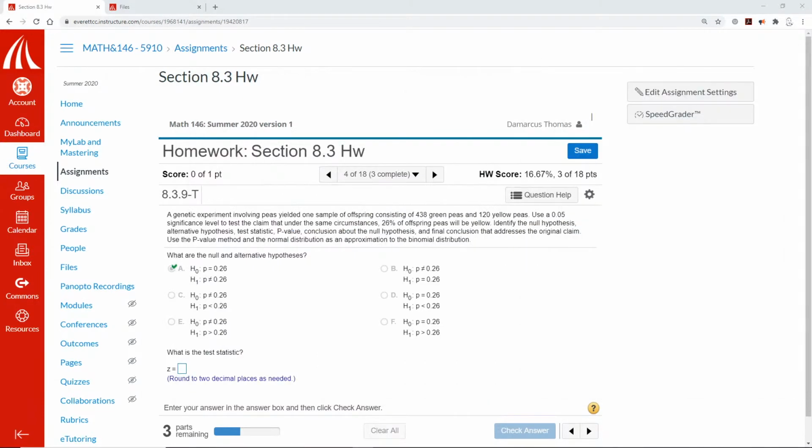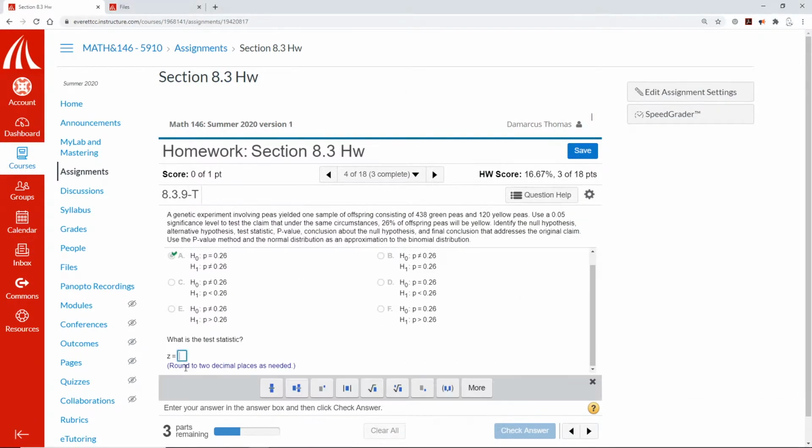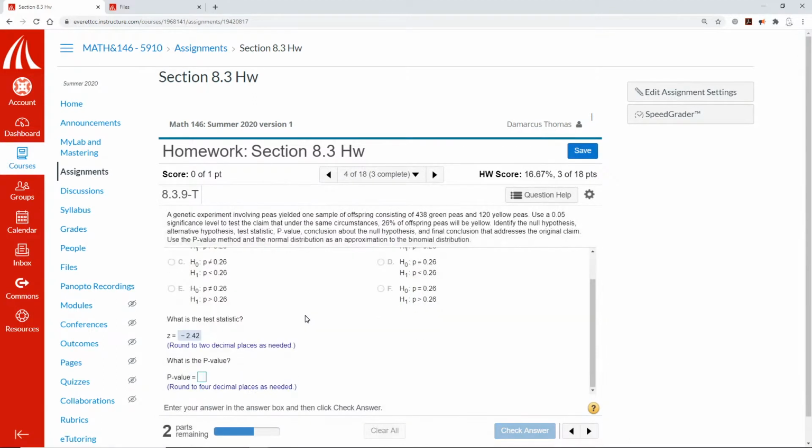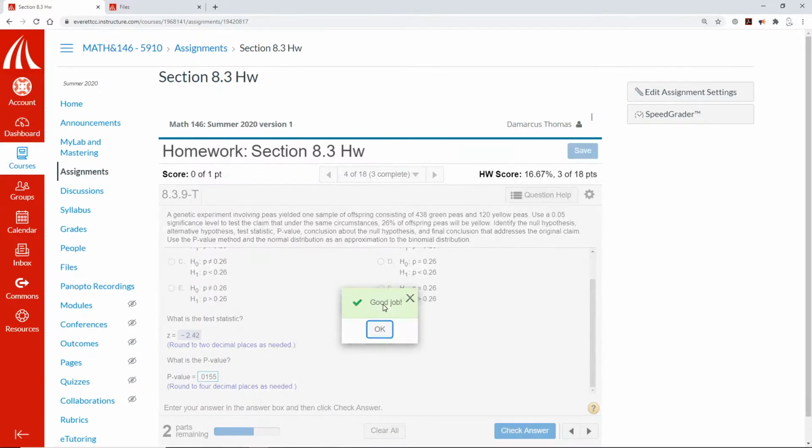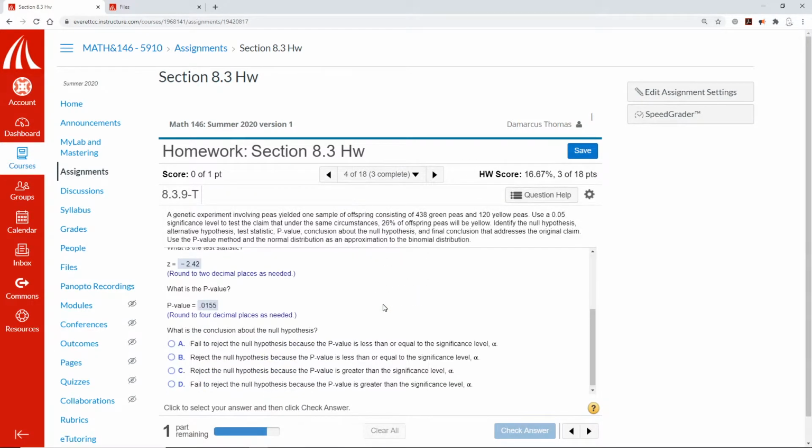So let's check it. My test statistic was negative 2.42. If that's right, then our p-value should definitely be right. And then the question is, what is the conclusion about the null hypothesis?